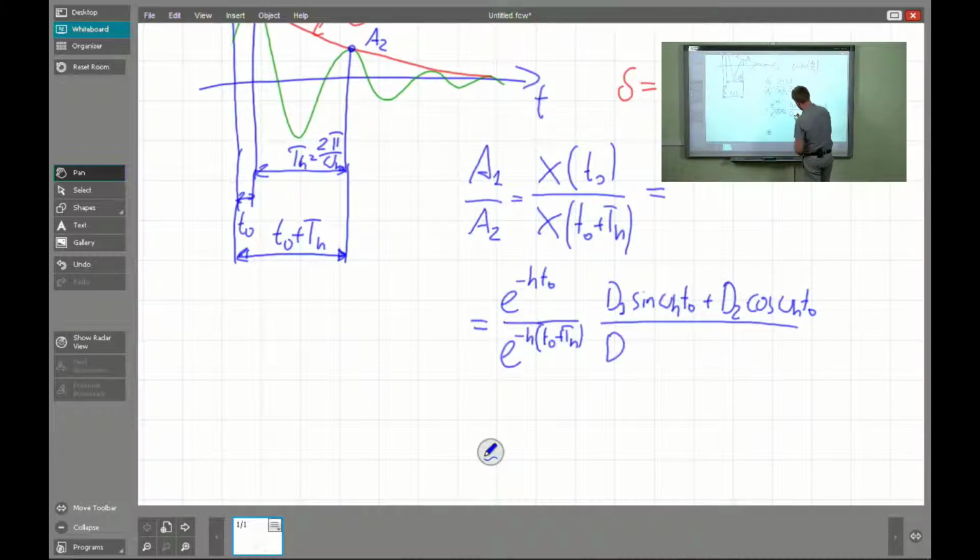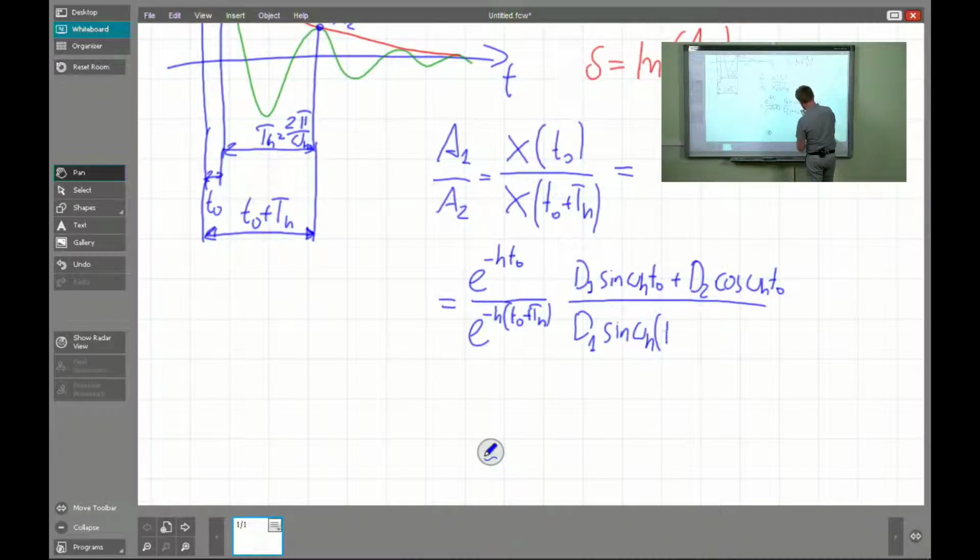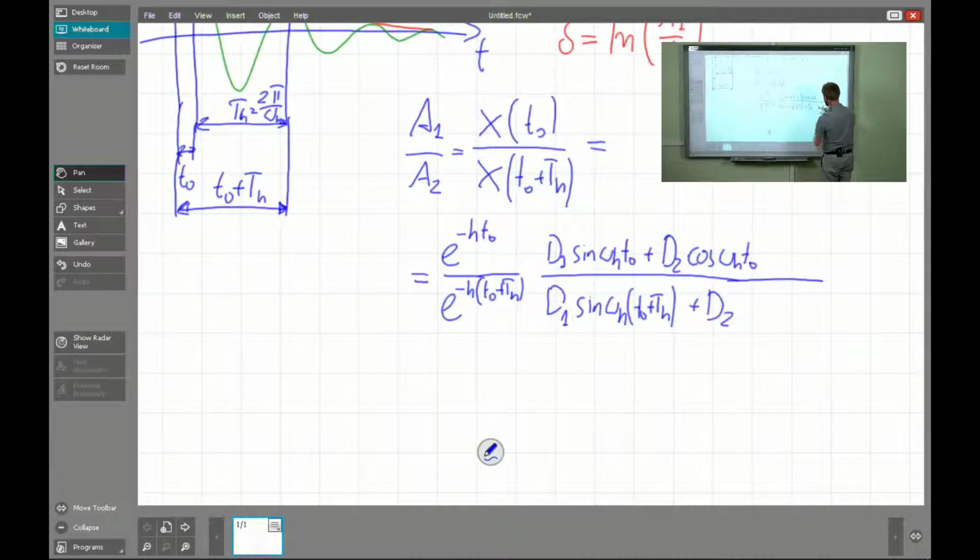If we are talking about the denominator, sorry, we have of course D1 times sine omega_h (T0 plus TH). The second component will be exactly the same, I mean, a cosine omega_h (T0 plus TH).